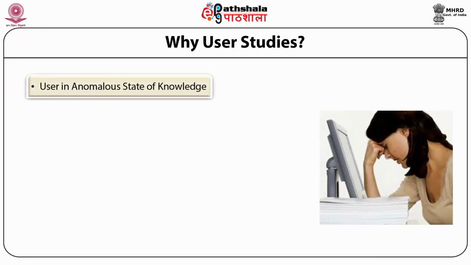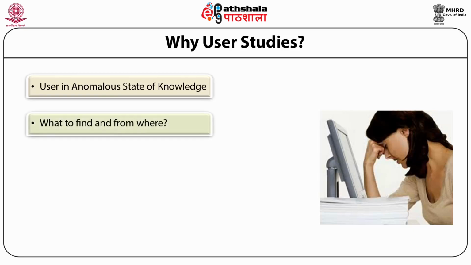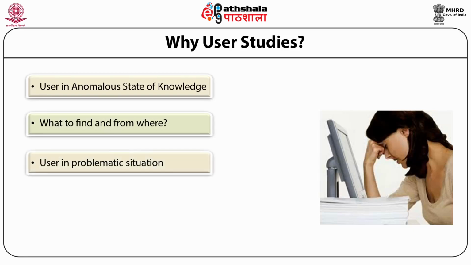User in anomalous state of knowledge. Most of the users do not know what to find and from where. Users are in problematic situation and do not know what to find and where to find.